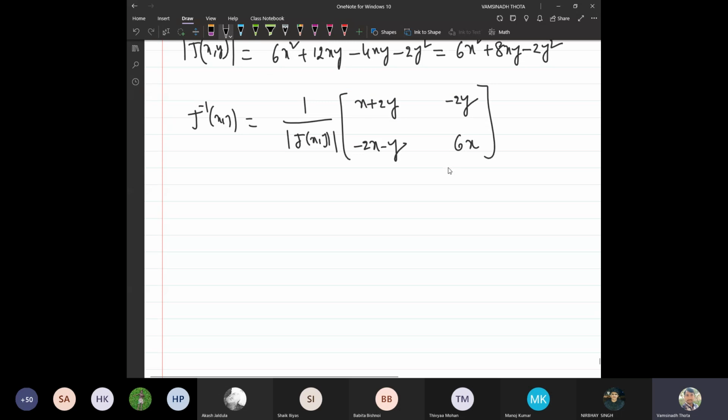Okay, fine. Now, what is the iteration formula for the Newton-Raphson method for the two variable case?